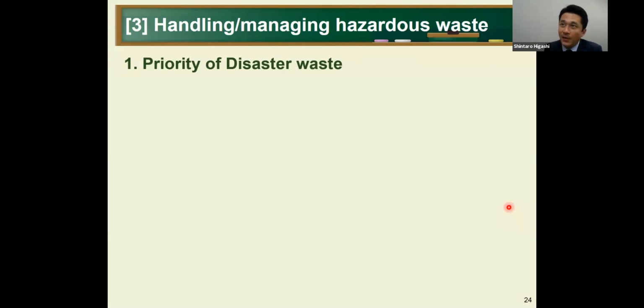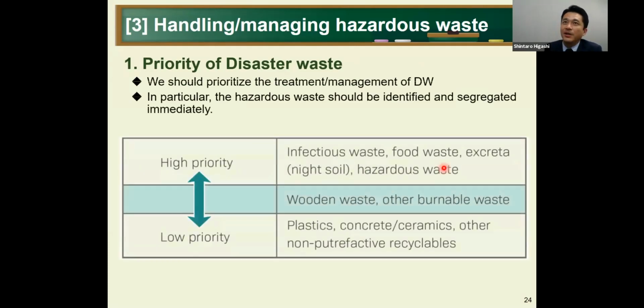And our recommendation is we should prioritize the treatment and management, in particular, of hazardous waste or infectious waste, food waste or something, and that waste should be identified and segregated immediately.